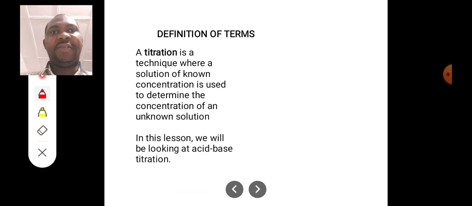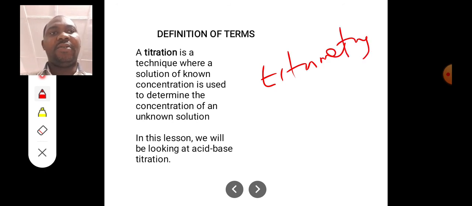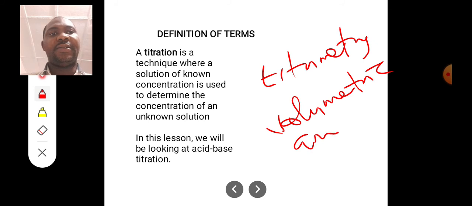Then we see titration. Titration is also called titrimetry. You can also call it volumetric analysis.